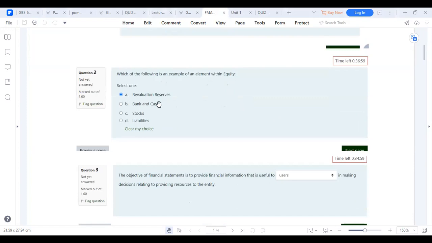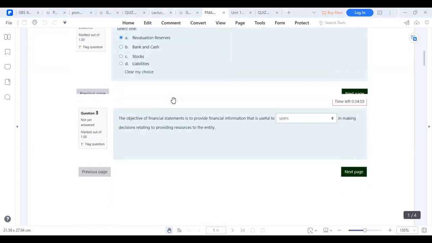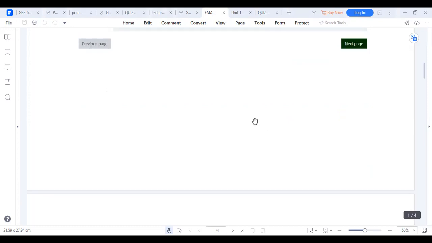So reserves are elements within equity, within what? Retained profit. The objective of financial statements is to provide financial information useful to users in making decisions. So users.